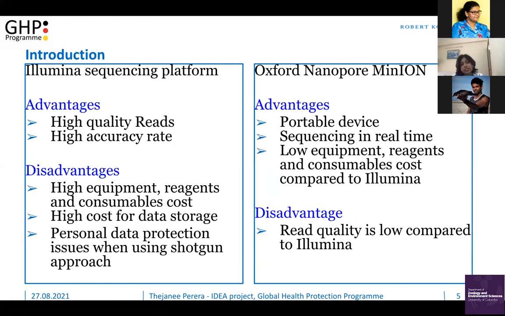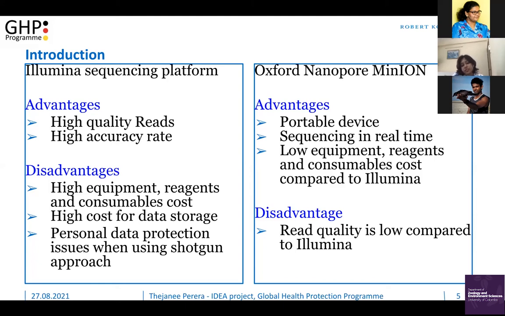So basically, there are two sequencing platforms that are widely used nowadays: the Illumina sequencing platform and Oxford Nanopore sequencing techniques. If we quickly look into the advantages and disadvantages of these two techniques, with Illumina you can get very high quality reads, and the accuracy rate is higher than the MinION technique.